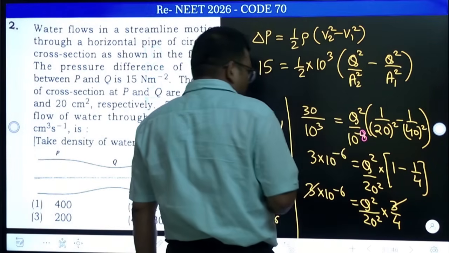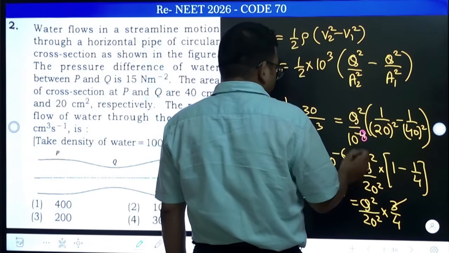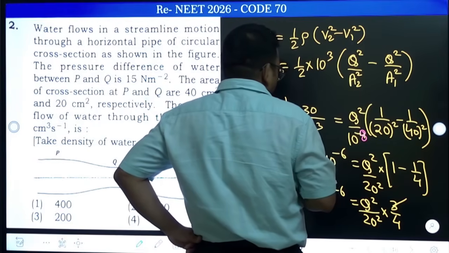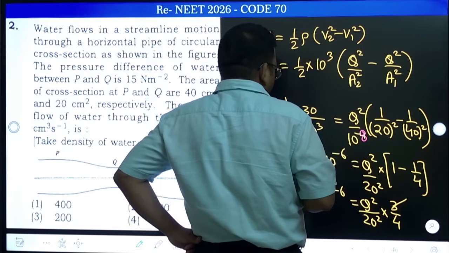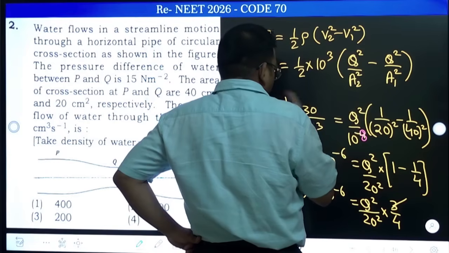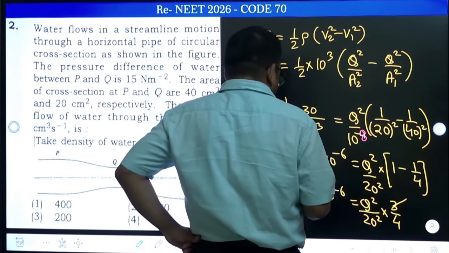So 10 to the power 8 will be coming here, right? So we can see how much then it will come, 10 to the power minus 8. So it has become 10 to the power minus 7. Minus 7 it has become. Correct? 10 to the power minus 7, and this minus 10 it has become.